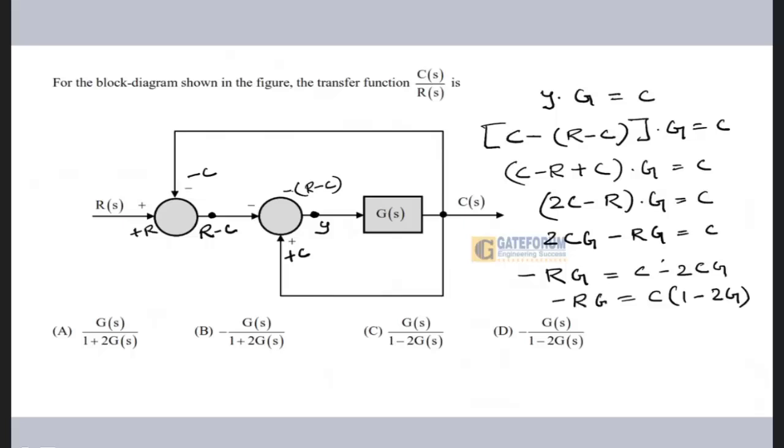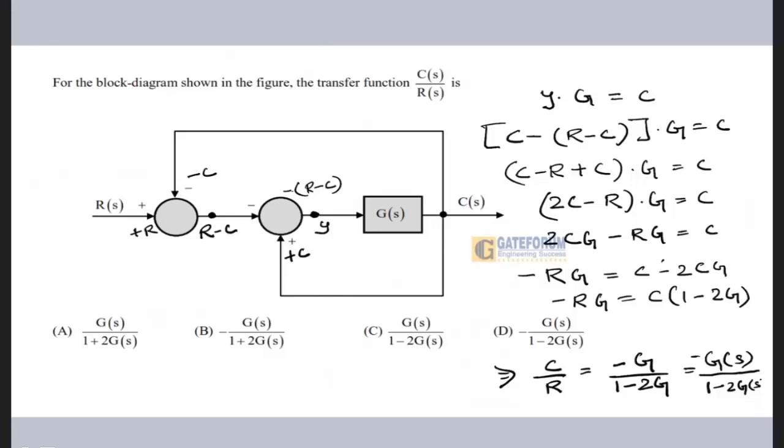So what will be c by r? Because c by r they are asking, the transfer function. So c upon r would be equal to minus g by 1 minus 2g. So I can write it as minus g of s divided by 1 minus 2g of s.